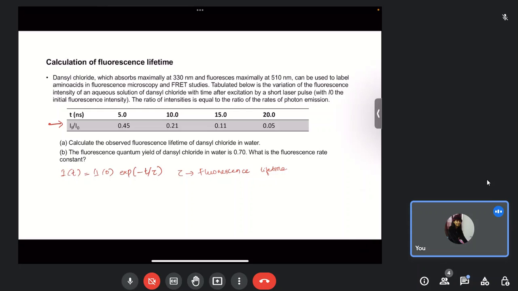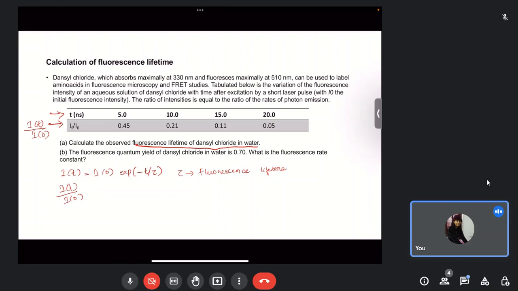So we are at the first question. We have been asked to find the fluorescence lifetime of dansyl chloride in water, and at different time points we are given I_F by I_0, which is the intensity at a particular time, I(t), divided by I(0).